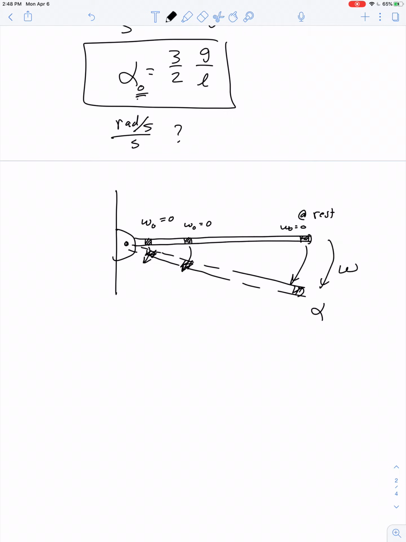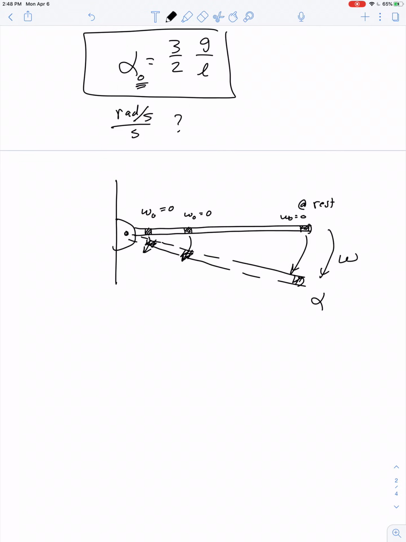But the reason I point out that this is just the initial angular acceleration is because that was all based on the force of gravity pulling at the center of mass with a lever arm of L over 2 and an angle of 90 degrees.